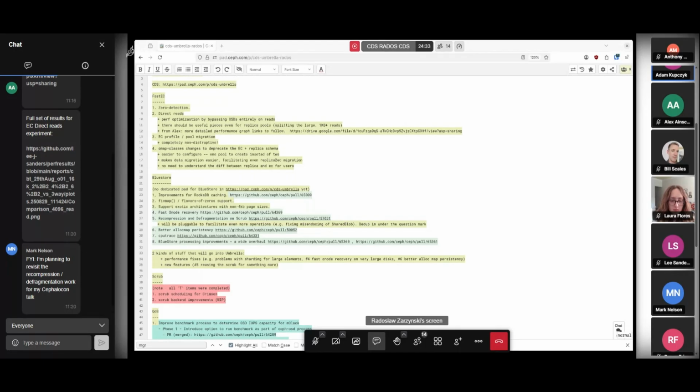Okay, then the next, in the category of plain improvements, is that we are on a path of completely overhauling how we keep metadata in memory and how much memory we reserve for that metadata. And that's a series of PRs.